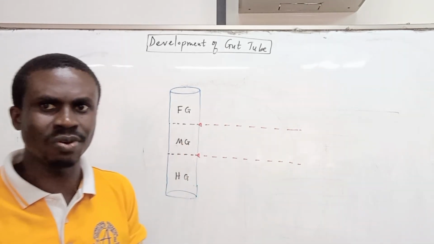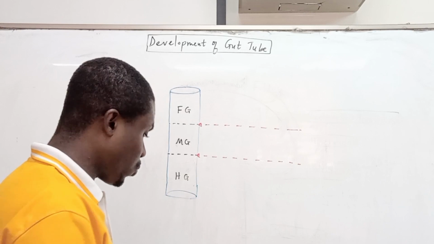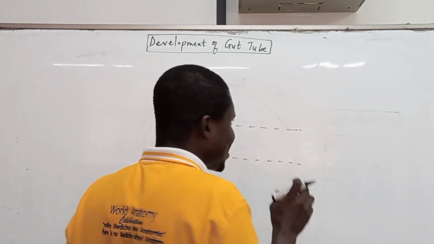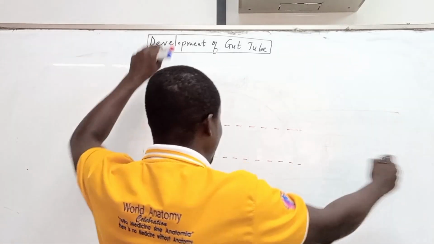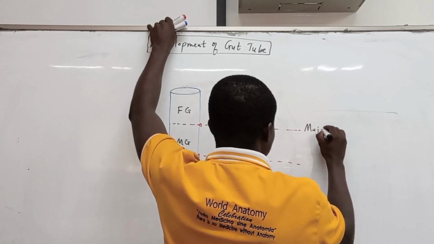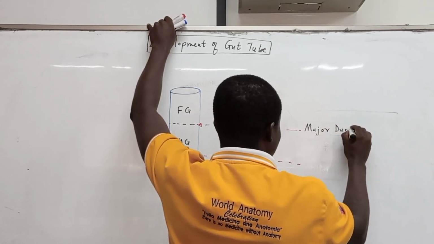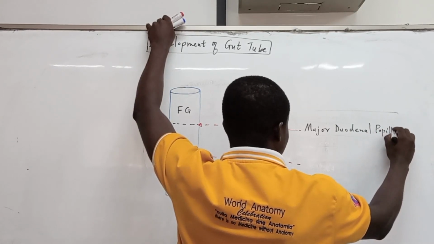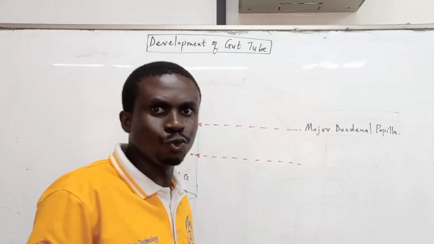What are these junctions? I want you to appreciate that. And my friends, whenever we talk about the junction between the foregut and the midgut, the answer that I want you to always put down is at the level of the major duodenal papilla. Yes, I want you to appreciate that.